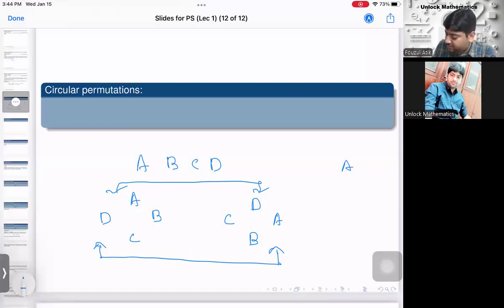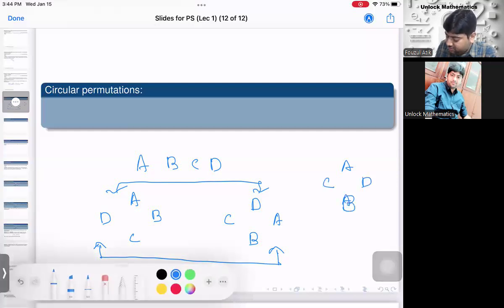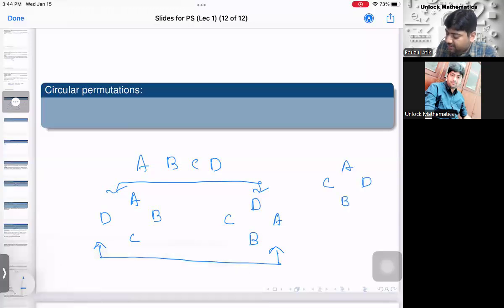You will get different ones. D, B, C. This one is different. Again, because you have already fixed A, and then you changed it to C, D, B. These are different, right?